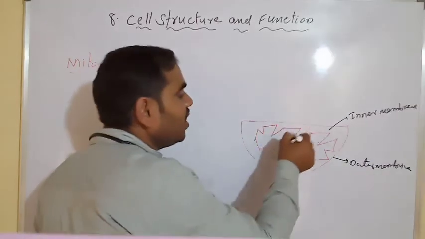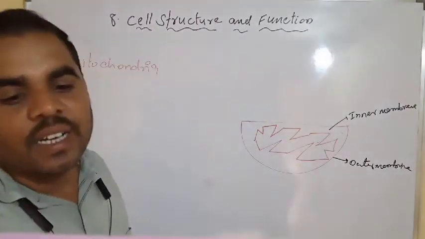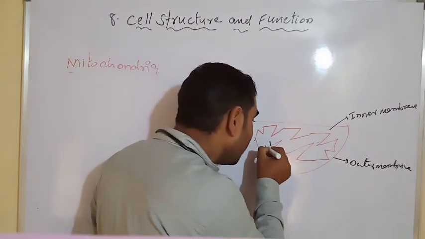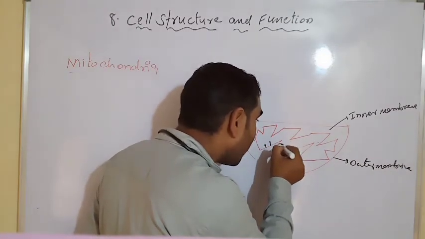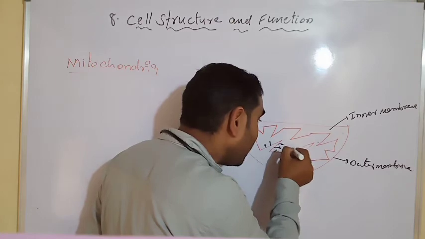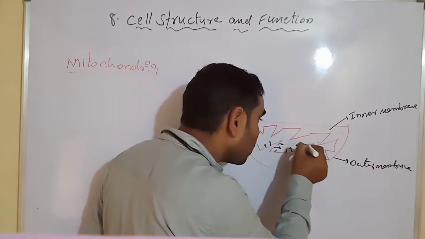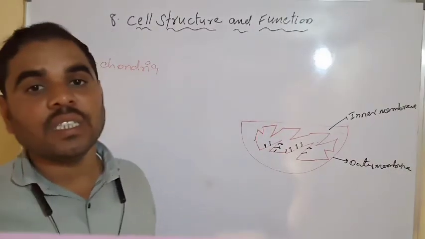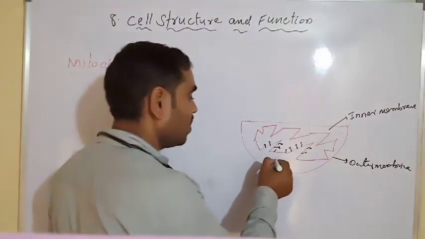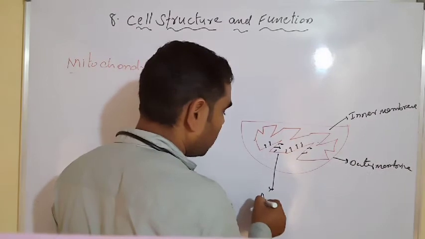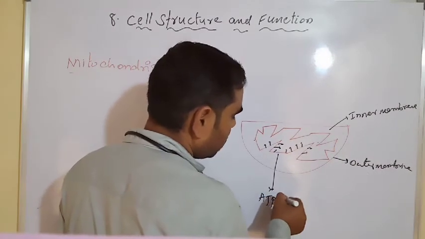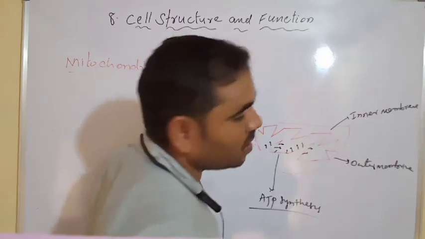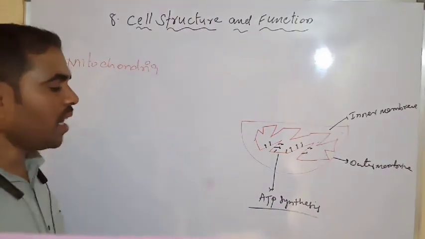Inside, the deep folds are called cristae, and here energy is synthesized. ATP energy is made here.